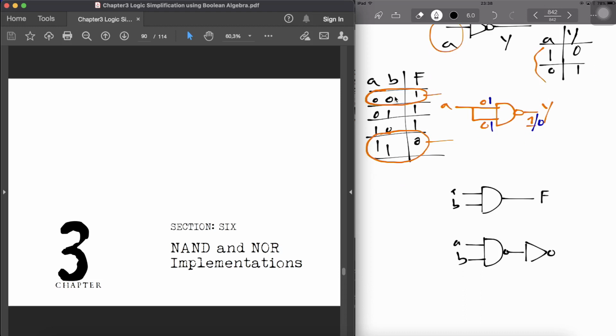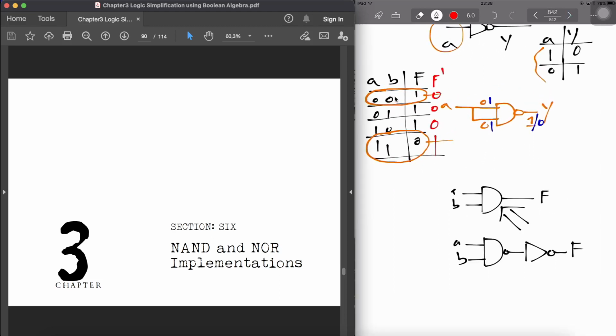So we just put an inverter over there. A NAND gate with an inverter will give us an AND gate. So if you take the complement of those, or invert it, that will give you the AND gate.